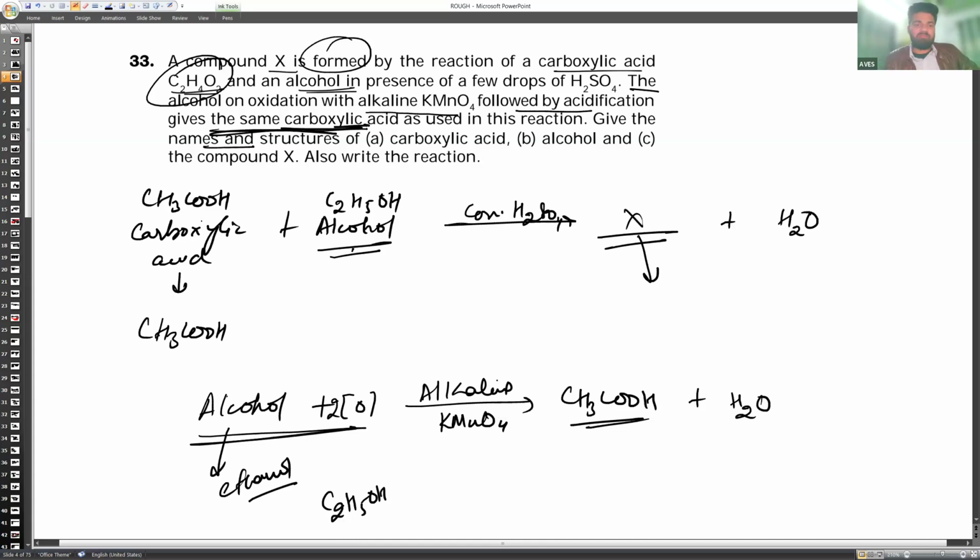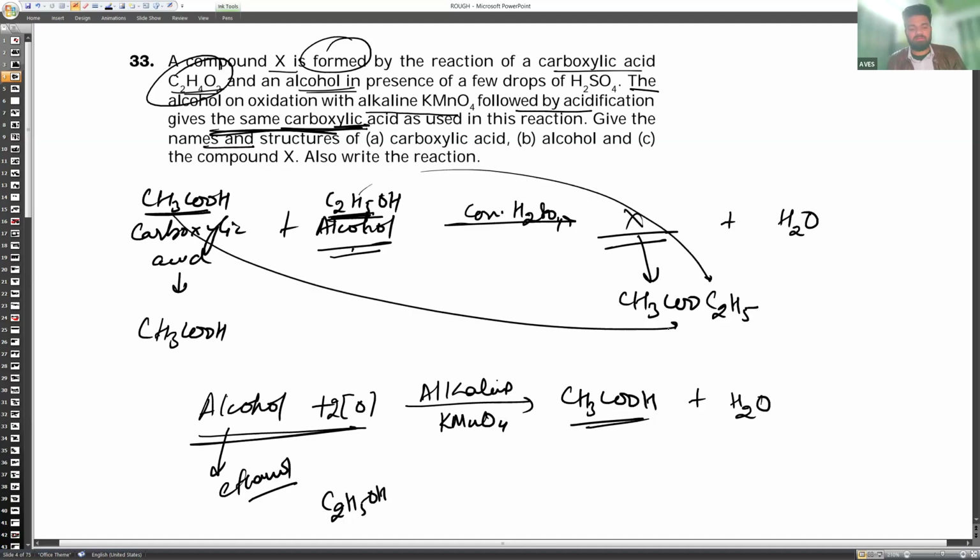Very simply, you can find that this group will be CH3COO, and this group will have C2H5. This group comes from the alcohol and this group comes from the carboxylic acid. Got it?